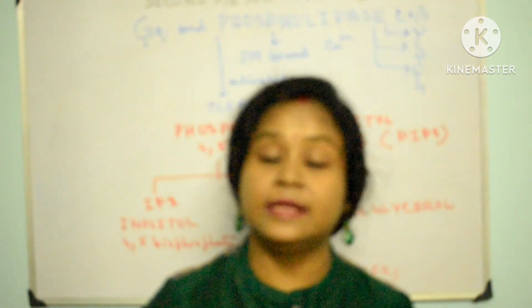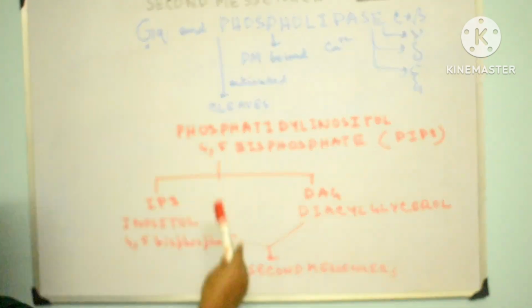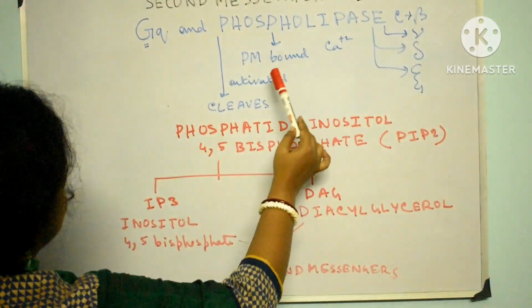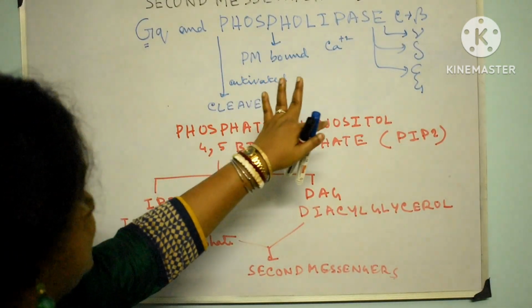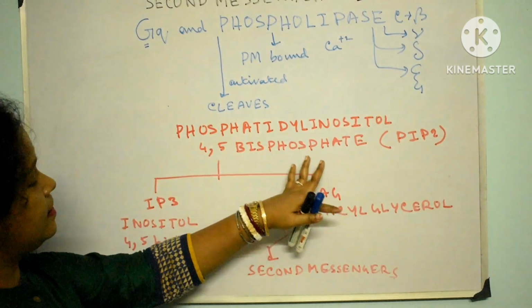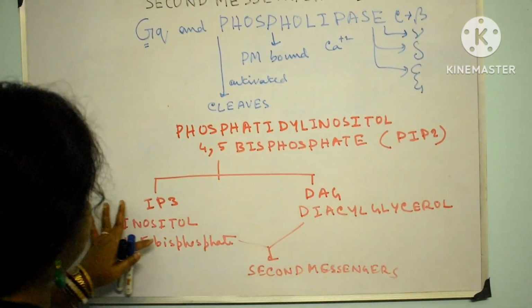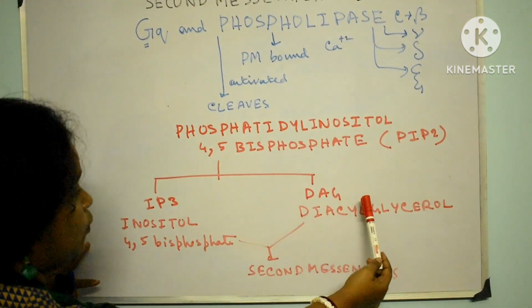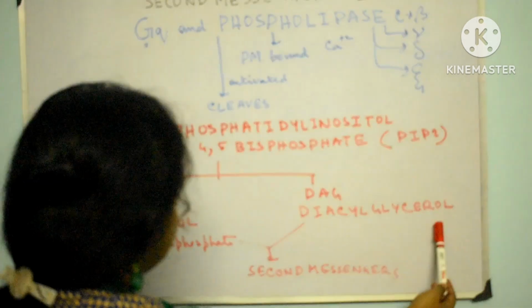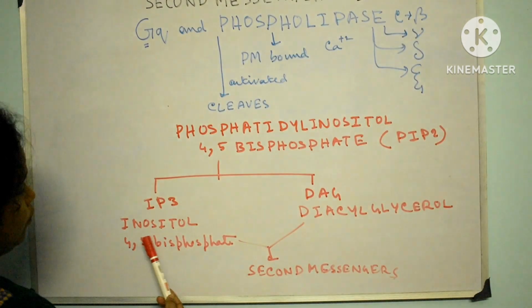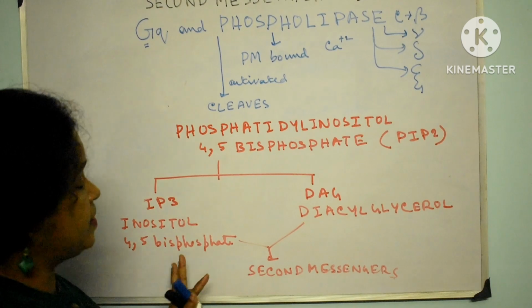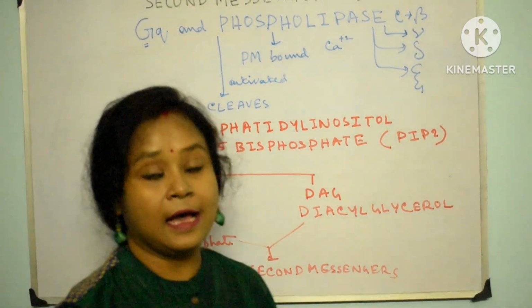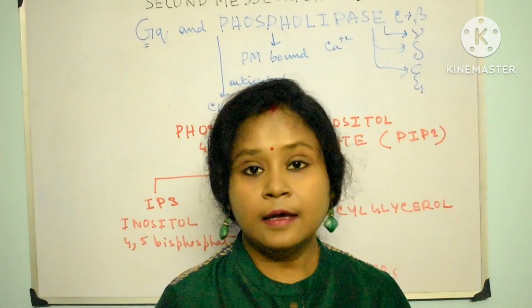Watch it very carefully, this step is very important. Activated phospholipase C cleaves phosphatidyl inositol 4,5 bisphosphate into IP3 and DAG. The full form of DAG is diacylglycerol, and both of these two act as second messengers.